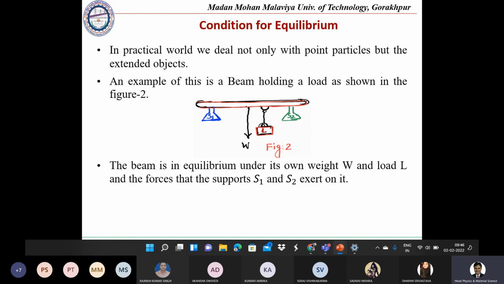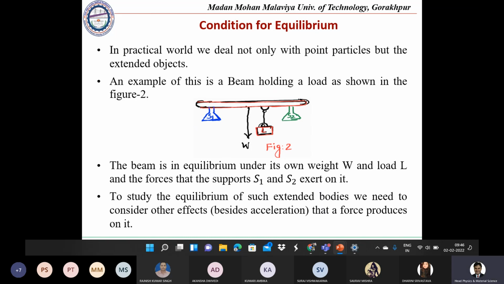And if the rod has been placed there, then definitely at these supports there will be some force, and these supports will also exert some forces on this particular rod. So if we want to consider the equilibrium condition of this rod, then we have to think about the exerted force at S1, S2, the load L, and the weight of the rod itself. All these things we have to consider together.